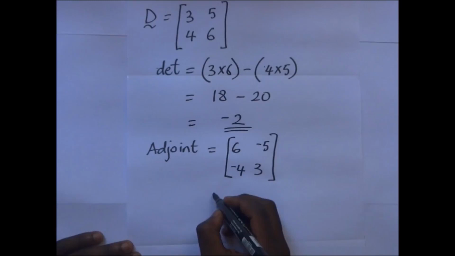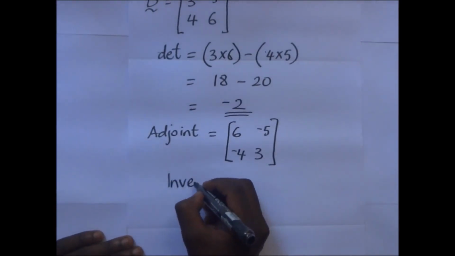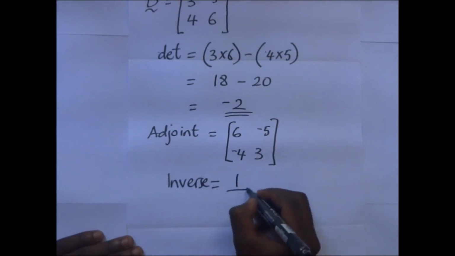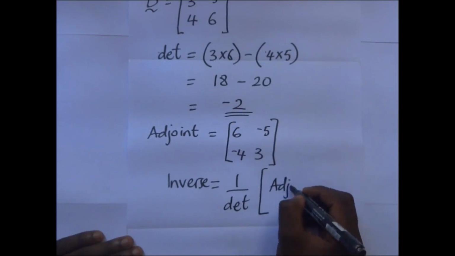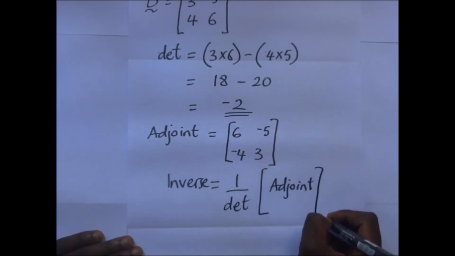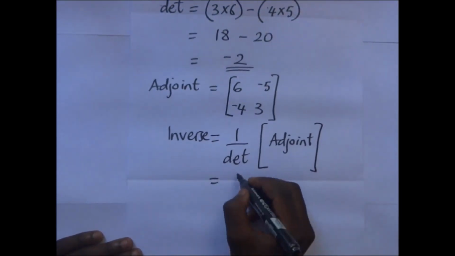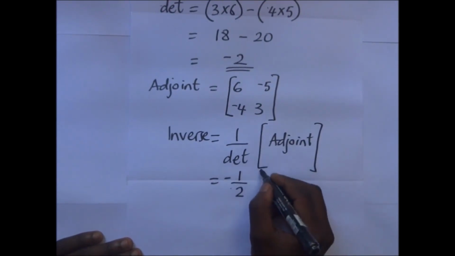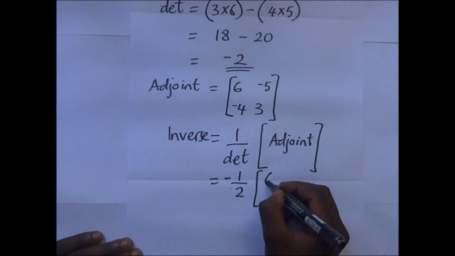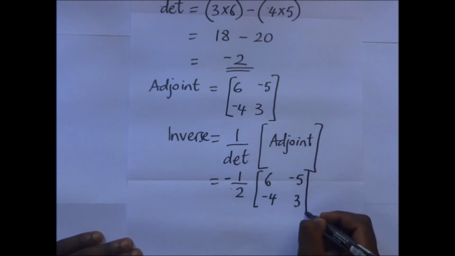So it means that our inverse is going to be equal to 1 over determinant, multiply that by our adjoint. So what we do here, we are going to simply substitute. It's going to become 1 over our determinant, which is negative 2. So the whole thing is 1 over 2, this is negative 2, times our adjoint, which is 6, negative 5, negative 4, 3.